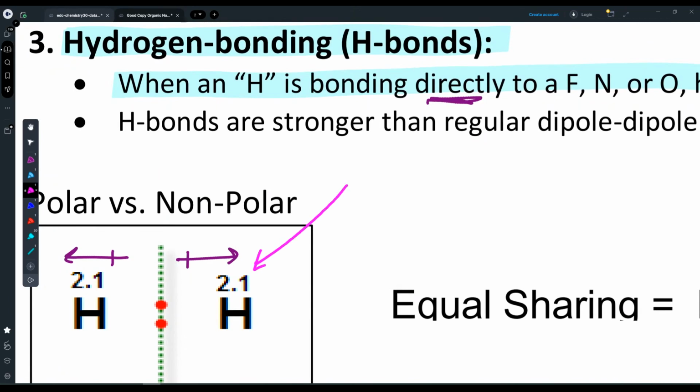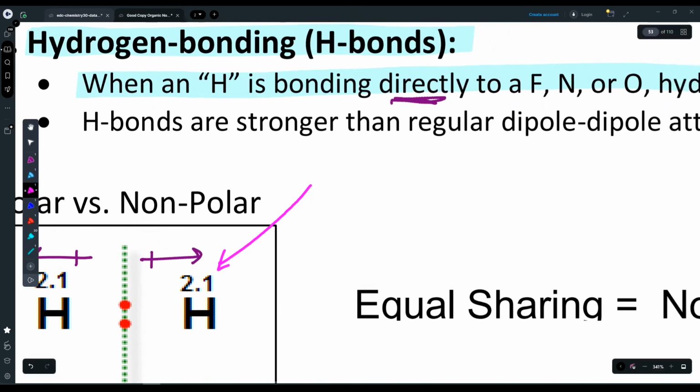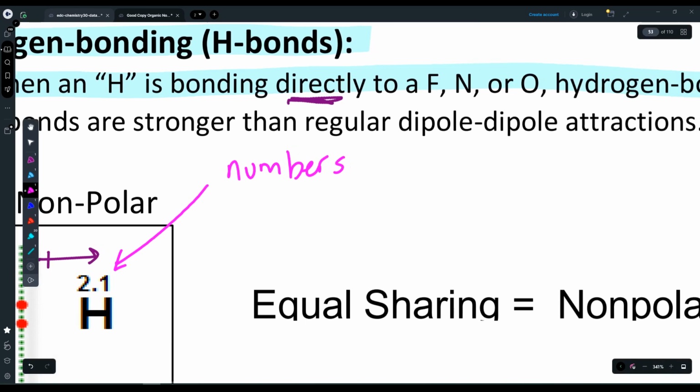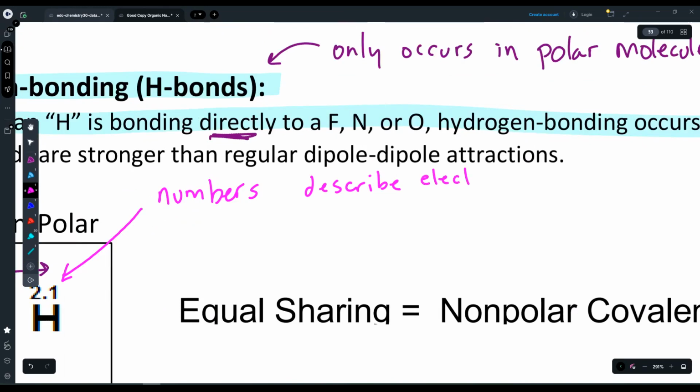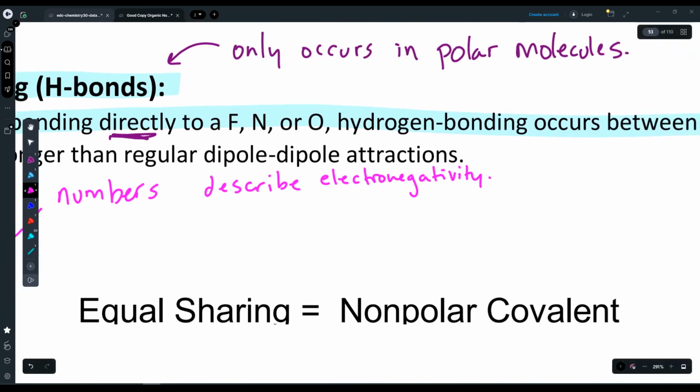These numbers describe electronegativity, which is the ability of an atom to pull electrons towards itself in a bond. They go from 0 to 4.